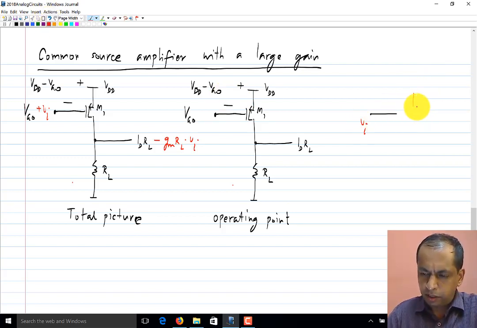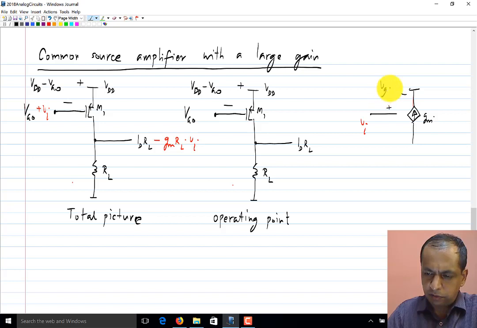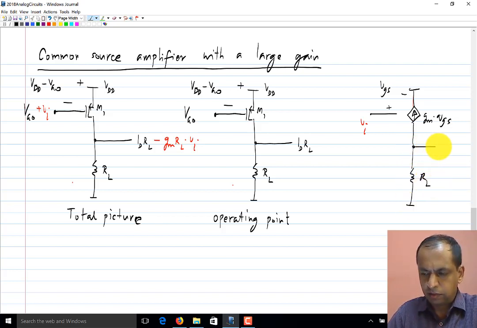we know that the incremental equivalent of the MOS transistor in its simplest form is just a voltage controlled current source, GM times VGS, and the incremental equivalent of the resistor is just a resistor.